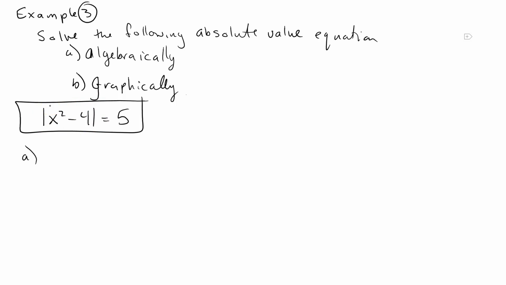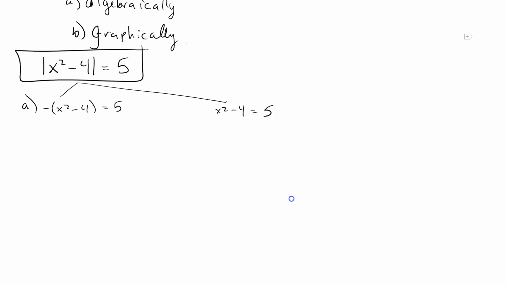So thank you, mathematical gods. Thanks for giving us that. Then we need to split it into two different sections. We need to have the negative x squared minus 4 equals 5, and we need to have the positive x squared minus 4 equals 5. Now I'm going to solve both of these branches and see what solutions pop up.